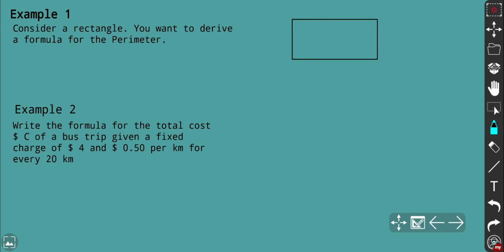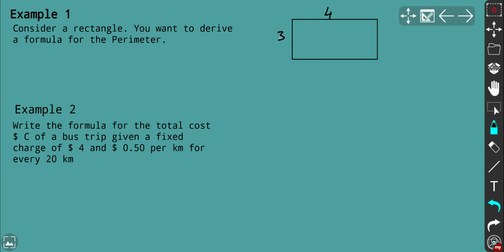All right, so for the first example, you need to consider a rectangle and you want to derive the formula for the perimeter. Before we do that, let's set up some numbers. Let's take the length equal to, let's say, 4, and let's take the width, which is 2. Oh, probably let's take 3.